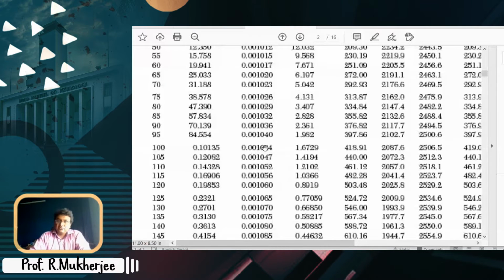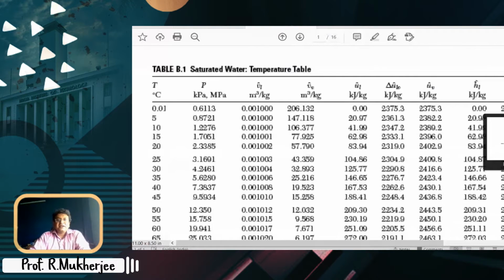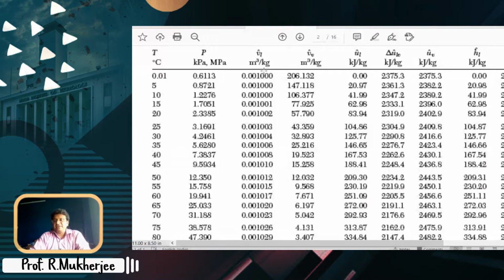If you divide 1 by this 0.001044, you get it. This unit is meter cube per kg, so you get the density in kg per meter cube, which is very close to 1000. So we understand that VL and VV are essentially the specific volume of the liquid phase and the specific volume of the vapor phase.